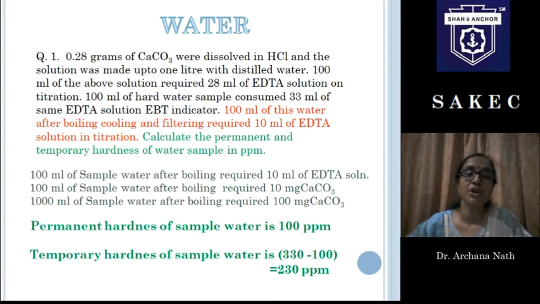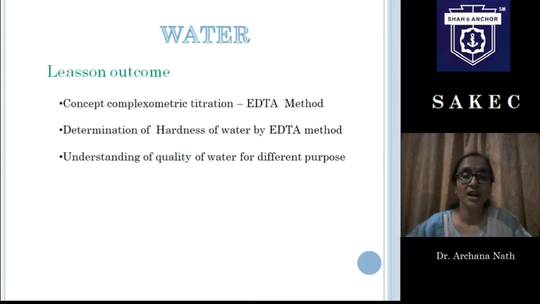So 1000 ml of sample water after boiling requires 10 divided by 100 into 1000, that means 100 milligram of calcium carbonate. So the permanent hardness of the sample water is 100 ppm. Temporary hardness is calculated by deducting permanent hardness from total hardness, that is 330 minus 100, which means 230 ppm. So this is the way we calculate the two different hardnesses.